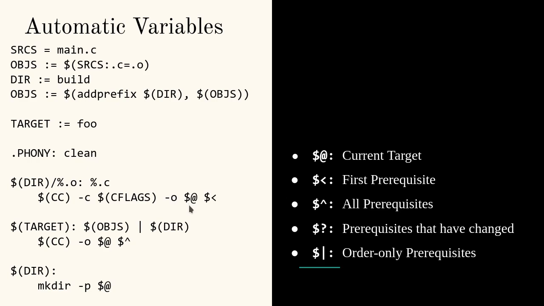And then if you remember your GCC syntax, you have to include the name of the source file that you're building. In this case, that would be the prerequisite. And if we notice here, the $ and the caret will expand out to the first prerequisite.